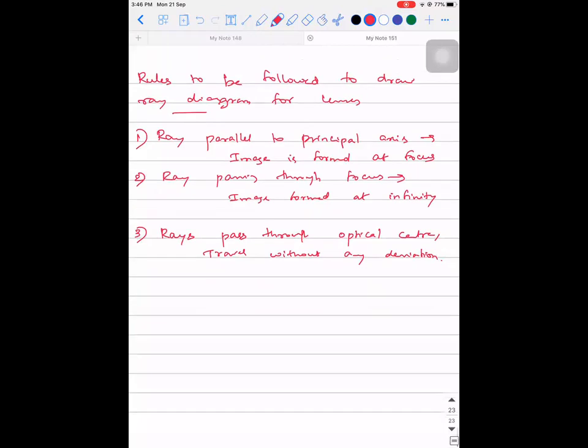Okay. So keeping all these things in mind, we are going to derive the thin lens formula. So what is the lens formula? 1 by v minus 1 by u is 1 by f, right? So we are supposed to derive this. Do you guys remember how we derived the mirror formula?